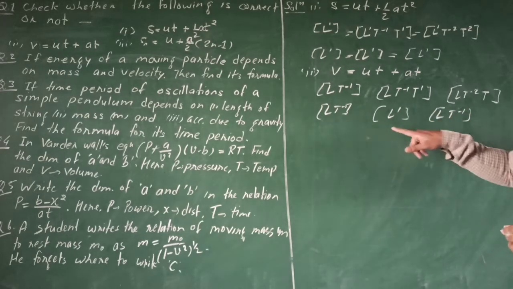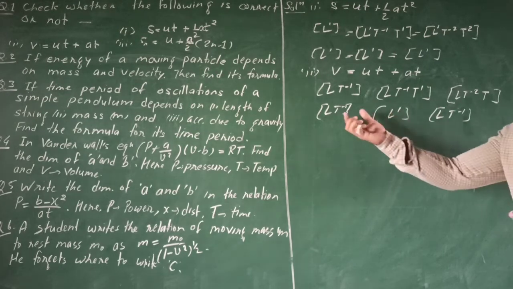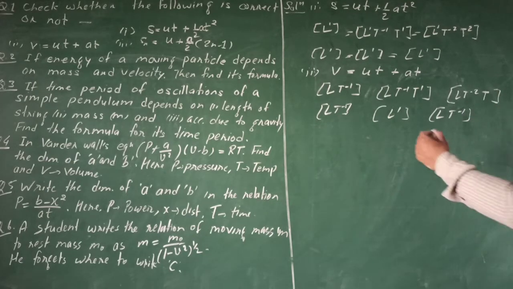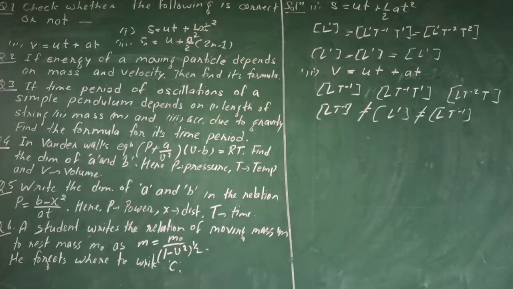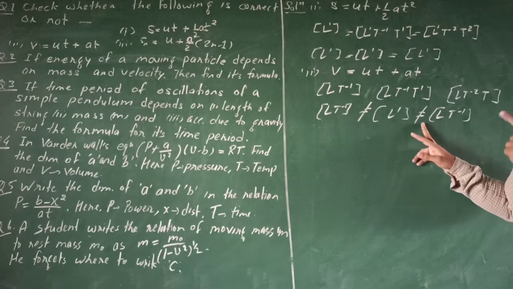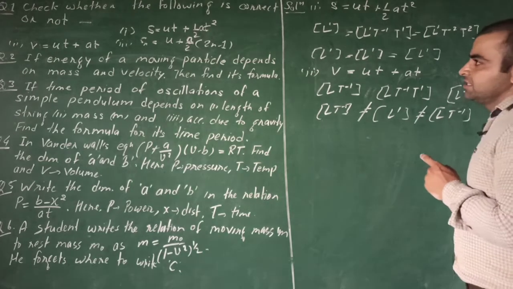We can see all these terms are not dimensionally the same, means it is not proving the principle of homogeneity, so this is not a correct relation. It has not proved the law of homogeneity. Next, third relation.